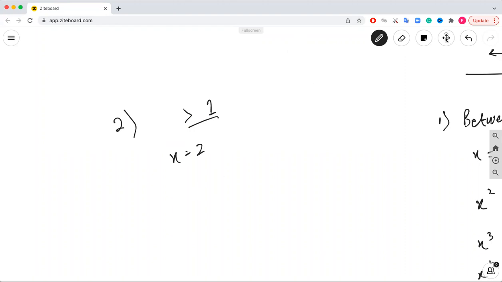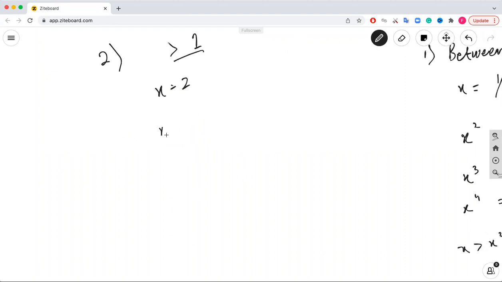If I increase the power, the square of this will become 4, the cube will become 8, the fourth power will become 16. As you increase the power, the value increases. So x is less than x square, is less than x cube, is less than x to the power 4.